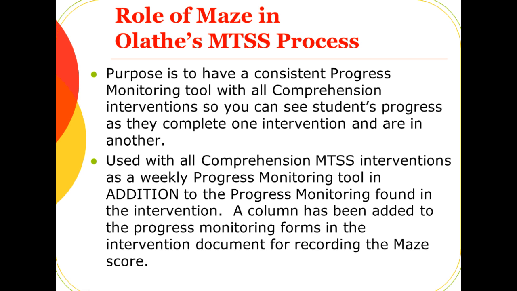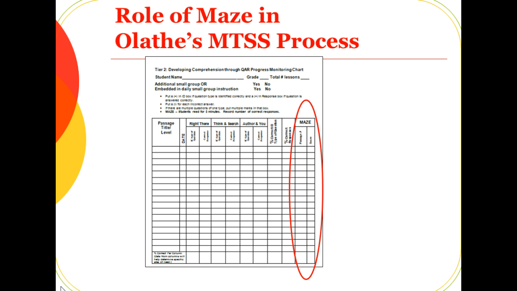What you'll notice on the recording sheet for each of the interventions is a column has been added so you have the spot to record your Maze information. This is what it looks like. You've got where you're putting your weekly progress monitoring down, and then on that same line you can include the Maze information.